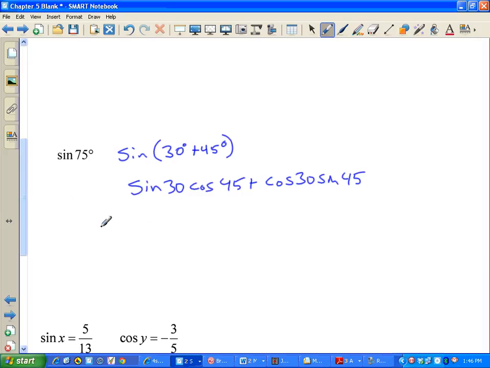Sine of 30, remember, 30 degrees is here. The sine there is 1/2. Cosine of 45 is square root of 2 over 2. Cosine of 30 is square root of 3 over 2. And sine of 45 is square root of 2 over 2.